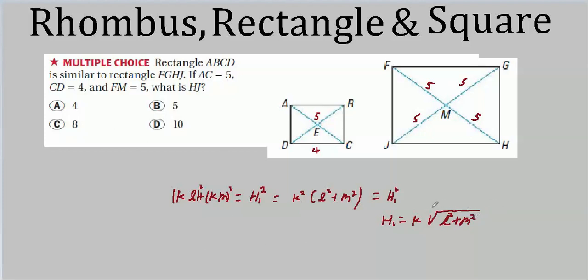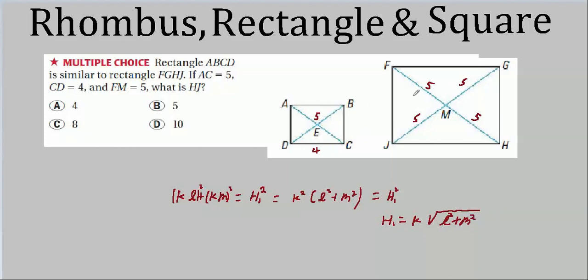This right here is the original diagonal, or you could say the hypotenuse of this right triangle here. And our new diagonal is exactly the scale factor times the old diagonal, which means the diagonals follow exactly the same scale as the sides.